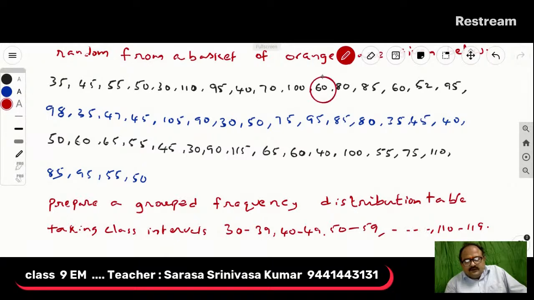So this is the first orange and this is the second orange. So in the first row there are two oranges. Next, in the second row no oranges are there in this class interval.